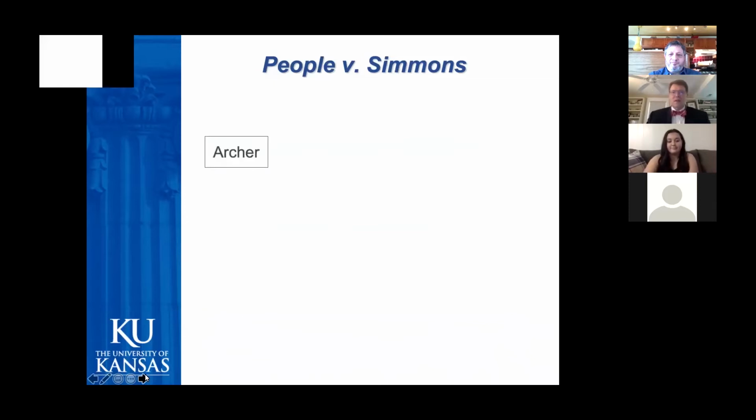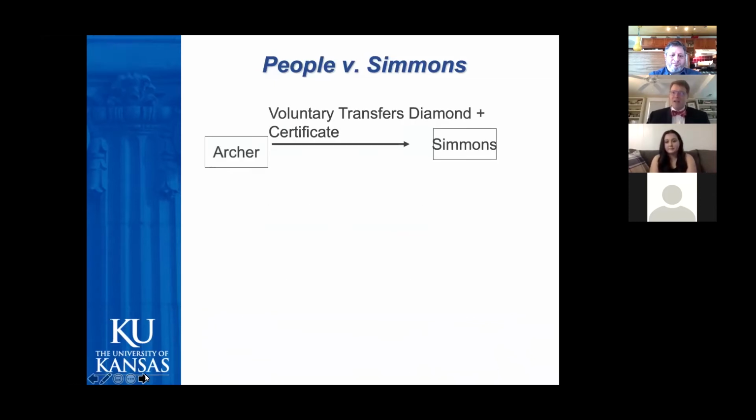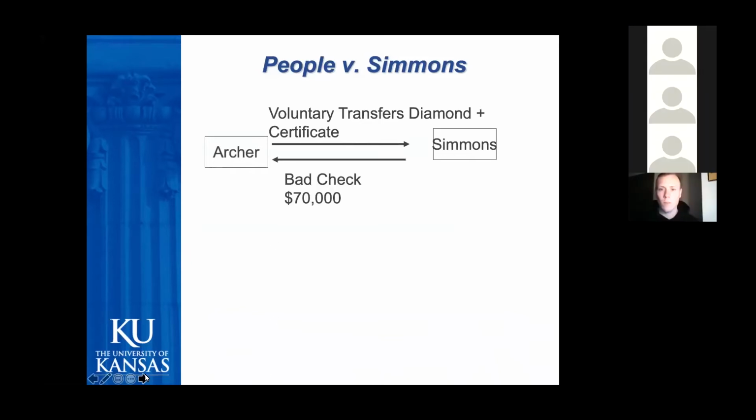So yeah, and we have Archer, right, who, as you said, passes the diamond. But it's also maybe important that he passed some certificate of ownership with it too, and that certificate of ownership follows it through the sale, and maybe that matters. We'll see. But he passes the diamond and the certificate of ownership to our hero Simmons, who writes a bad check for 70 large.